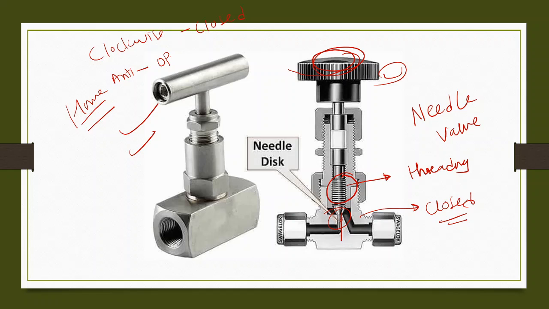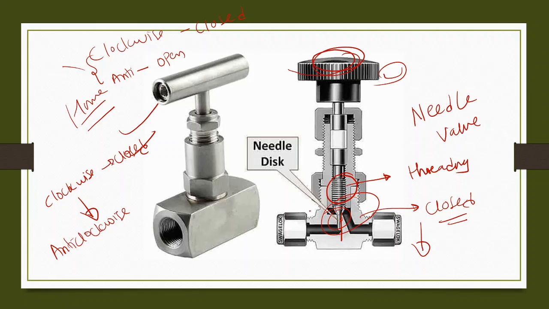So in two different directions, two different phenomena will take place. When you rotate clockwise, it will be closed. Closed means the needle part will come down. And when you rotate it anti-clockwise, guys, the needle will go up. So this was about needle valve.